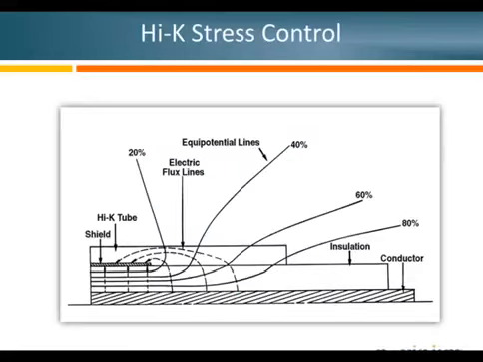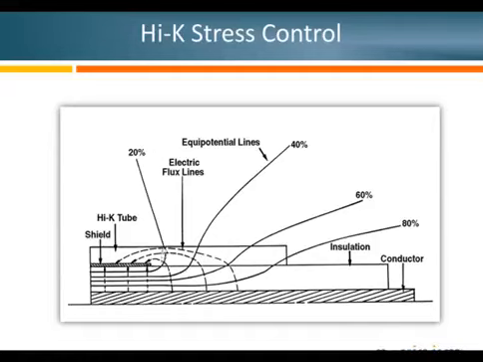And when you do that, you have this material here, which is your stress control material, with a dielectric constant of around 20, say 25, and then the K value of your cable insulation here.